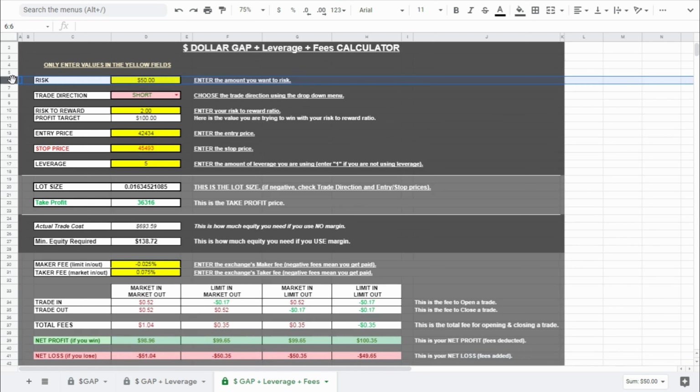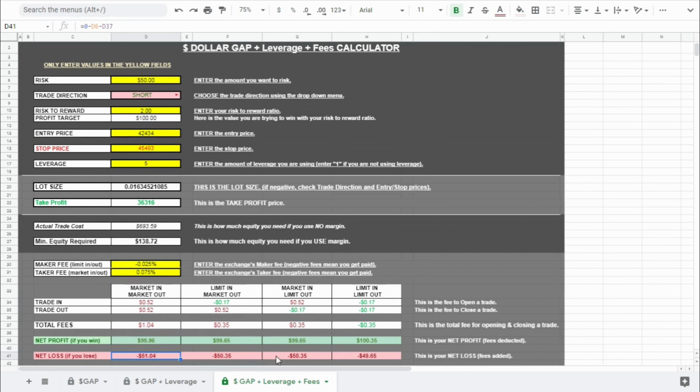So if we lost through a market in, market out trade, remember we're risking 50. But if we lost, we'd actually lose $51.04. Why? Because of the fees. Remember, this is the worst case scenario. We're charged the most fees because we're taking liquidity through a market order in and a market order out. Therefore, we don't only lose 50, but we also lose the fees as well.